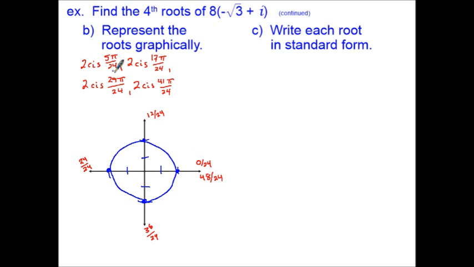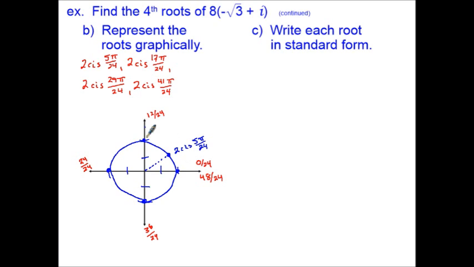Okay, so 5 24ths. Well, 6 24ths would be exactly halfway, so 5 24ths is going to be down just a hair. So I'm going to put that right there and call it 2 cis 5 pi over 24. I'll draw this nice dotted line because that'll help later get things in a nice position.